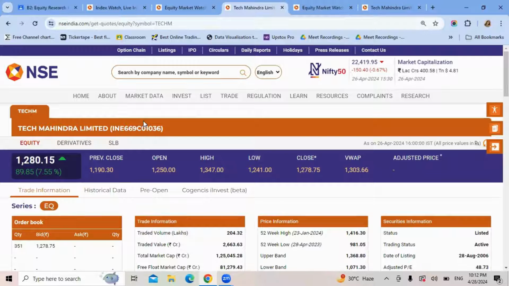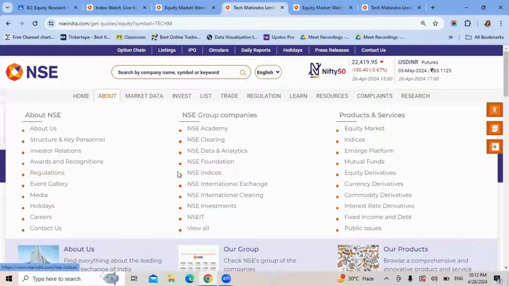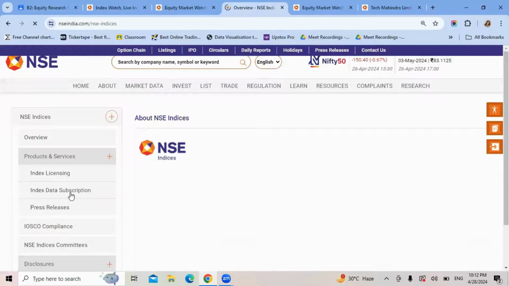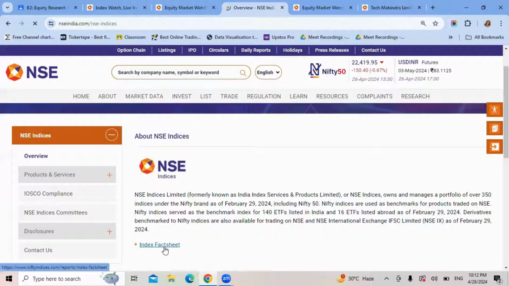Similarly, you can do it for all the other companies in the respective index, or rather any company you're working with. If you go to about and you go to NSE indices, here you can read about the index. So if you click on the index fact sheet, let's see what we get.